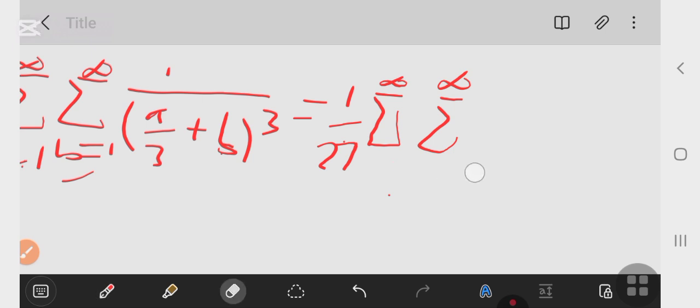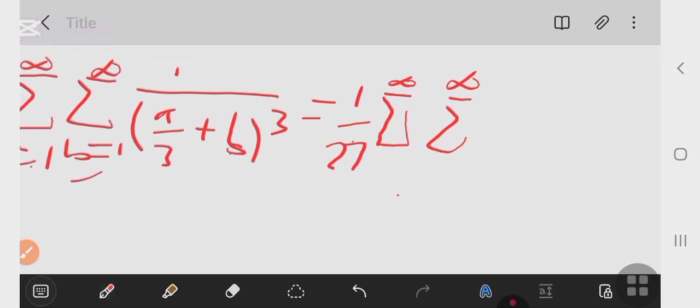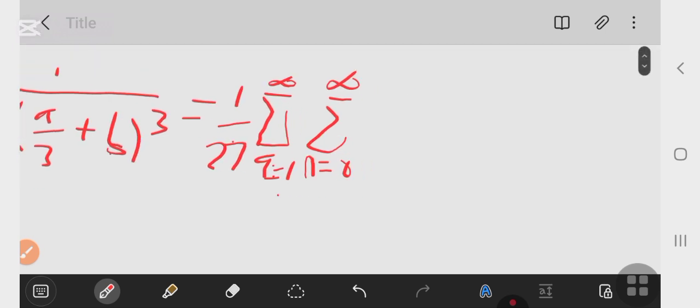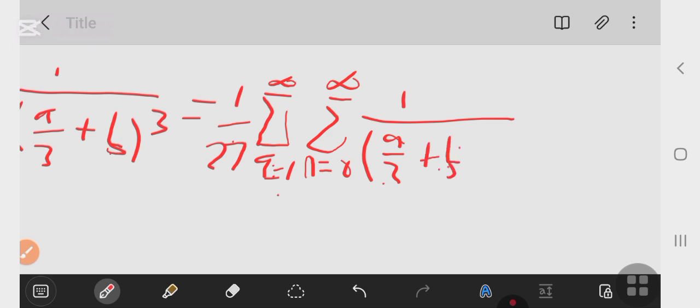Let me make this more evident. A from 1, then n from 0. Okay, so this will now be a over 3 plus n plus 1.